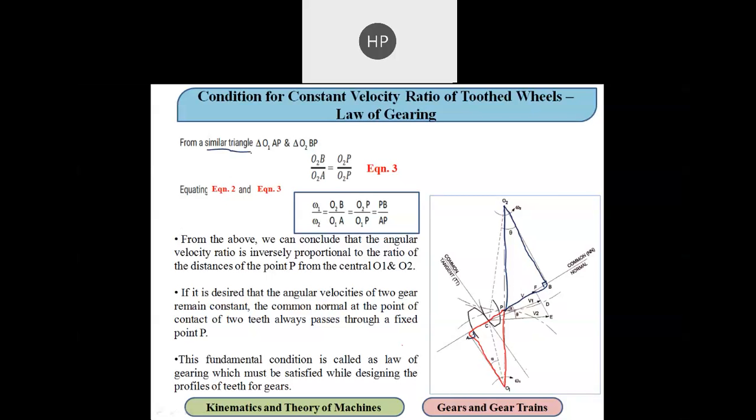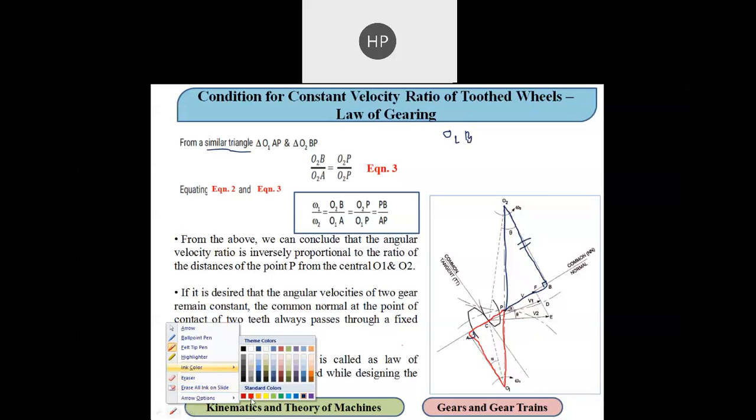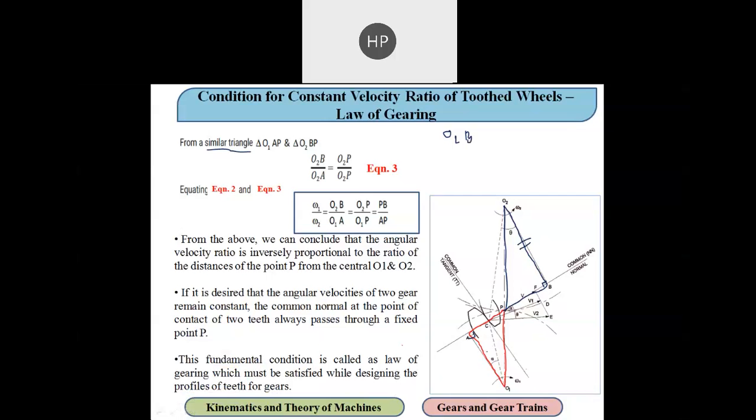When we have similar triangles, we have a law of similar triangles. What is that law? Suppose these are the two similar triangles. The rule of similar triangles says that O2B, meaning this line, is in similarity with this line.